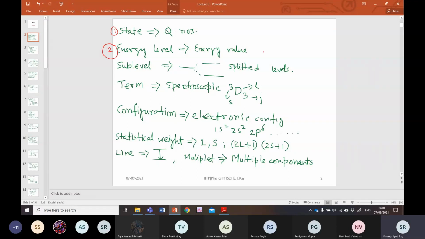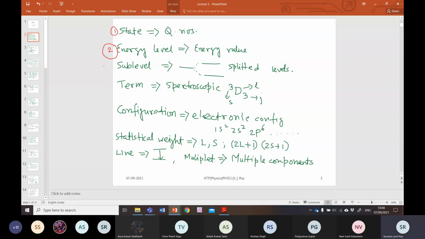They will have some broadening, of course, but it appears around these levels. These are called energy levels. If we want to know a transition in a particular case, we want to know from which energy level to which final energy level the transition has happened, so the energy level is quite necessary to understand.